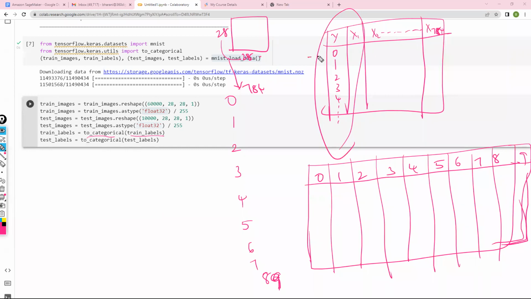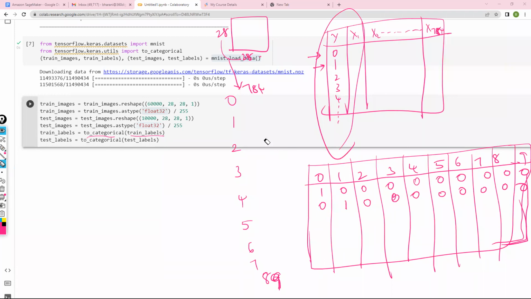If the first observation is 0, you put a 1 there, and the rest will all be zeros. If this is 1, you put 1 against 1, and the rest will be zeros. So on and so forth. This is called one hot encoding.